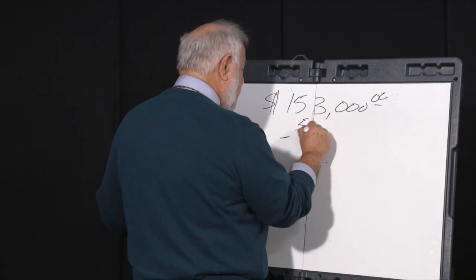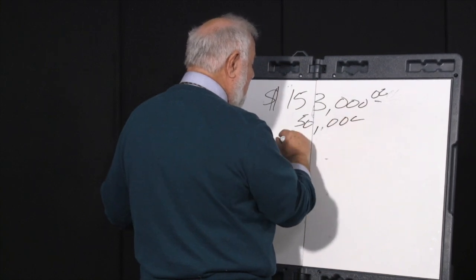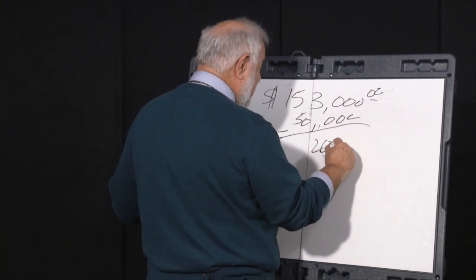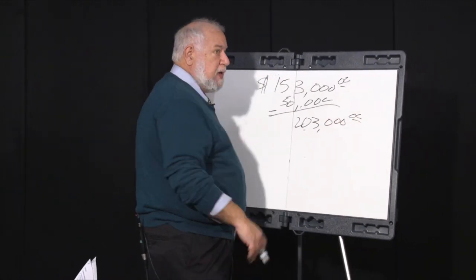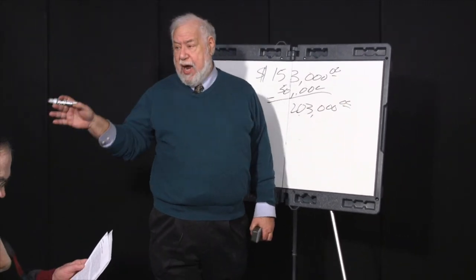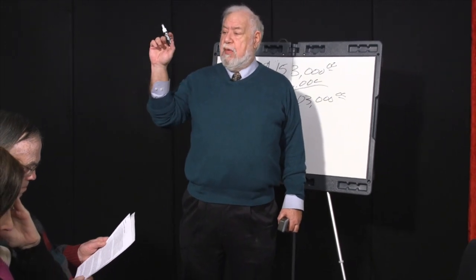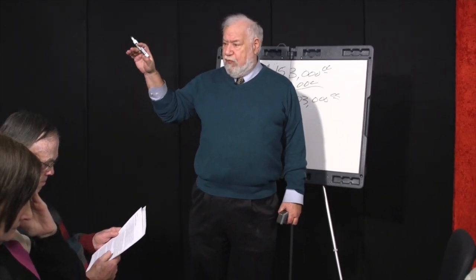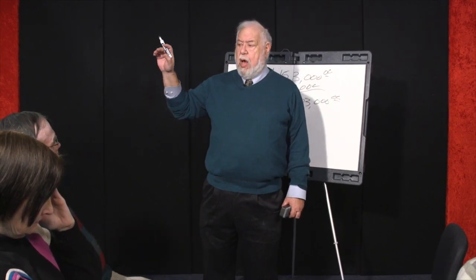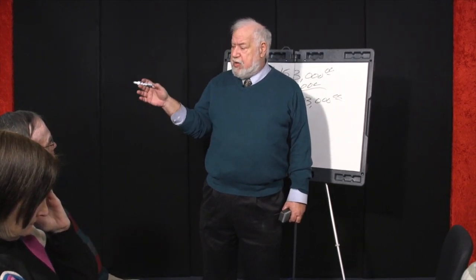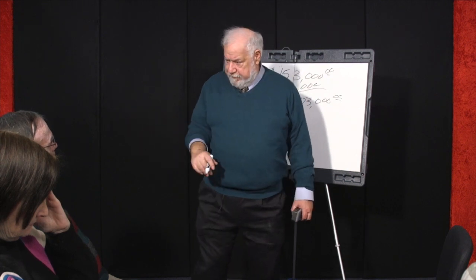So we have $50,000. So we've got a total budget, if we take every dime they've got, of $203,000. And as it happens, the realtor for the property in the Hiram-Garrettsville area convinces the owner to sell them the house for $200,000.